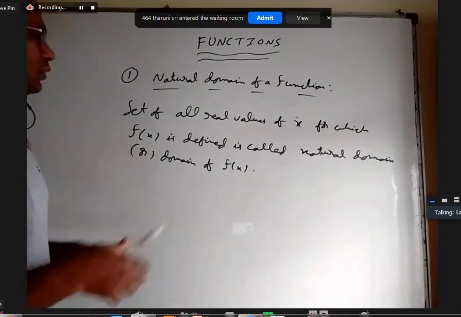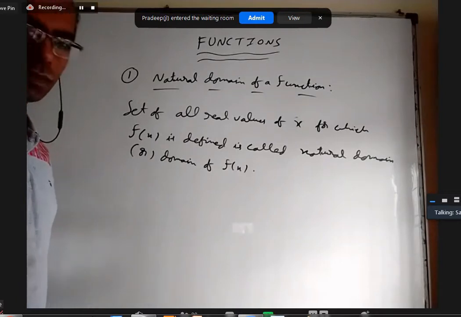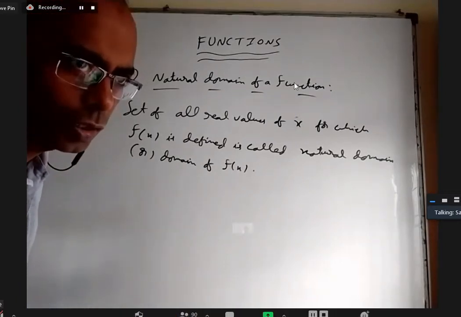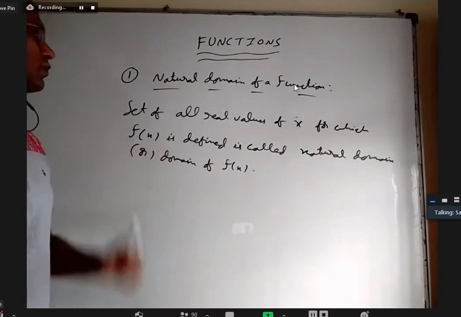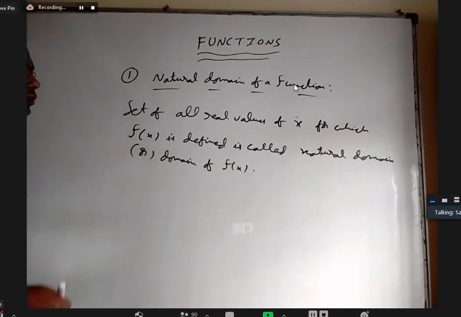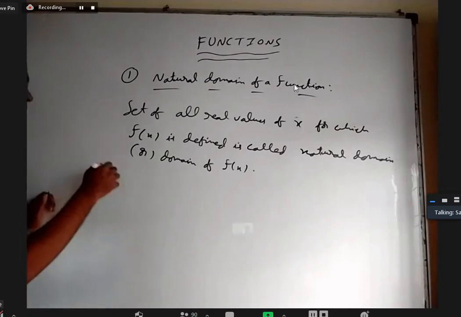For which x values the function is defined and for which x values it is not defined, you have to figure it out. After that, you take the complete set of all values of x for which the function f of x is defined, called the natural domain. There are some standard guidelines on how to find that.